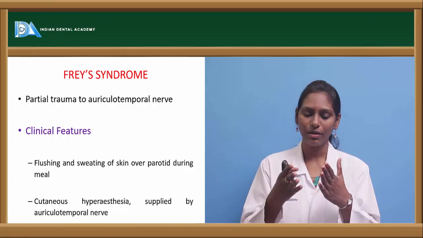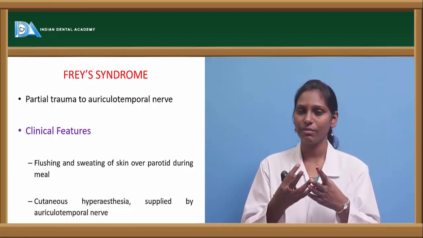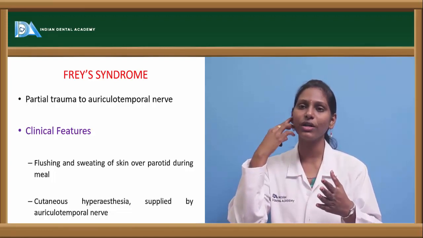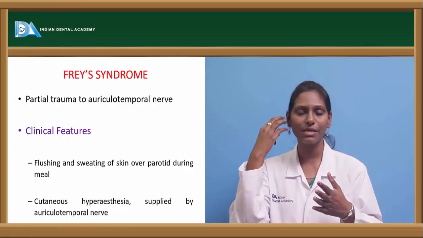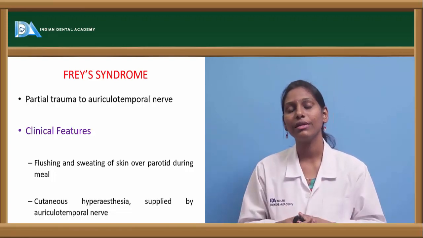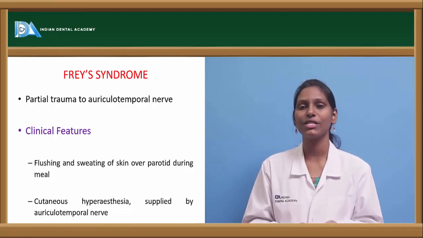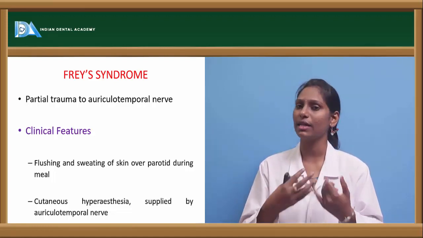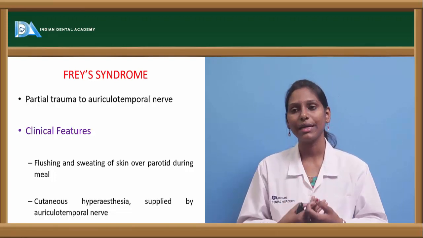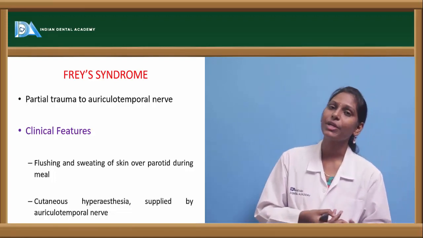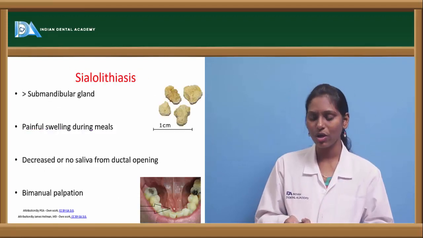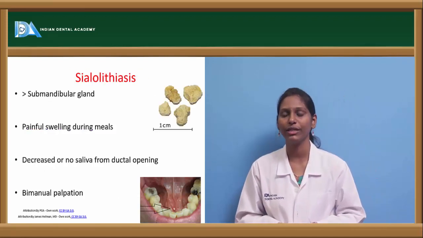So whenever there is salivary stimulation, there will be sweating from the skin where your auriculotemporal nerve is supplying. There will be flushing and sweating of the skin over the parotid, especially during the meal. Why meal? Because there is salivary stimulation happening at that point of time. There will be cutaneous hyperesthesia, which is usually caused because of your auriculotemporal nerve.